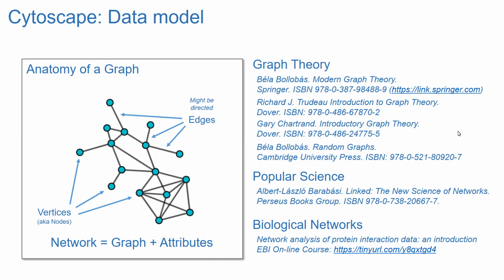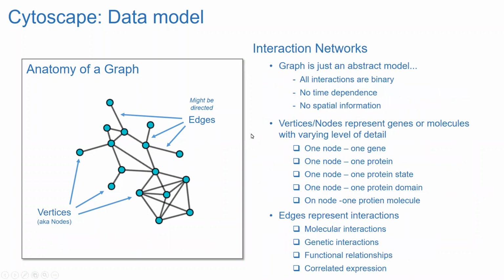So that's the data model that the data coming from experiments got to be squished in. And depending on application, the way of squishing things into the data model varies.